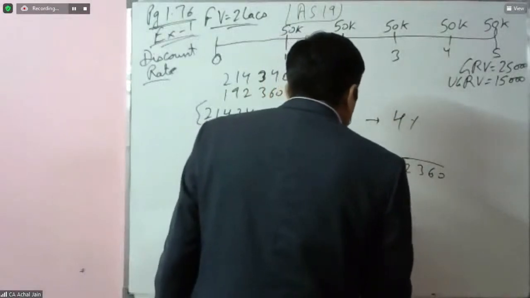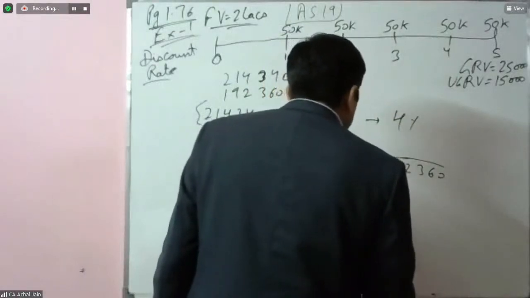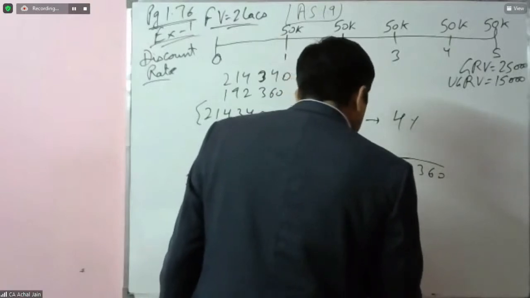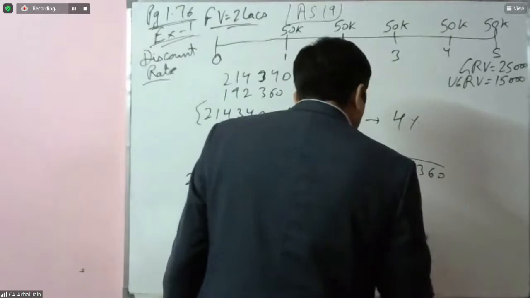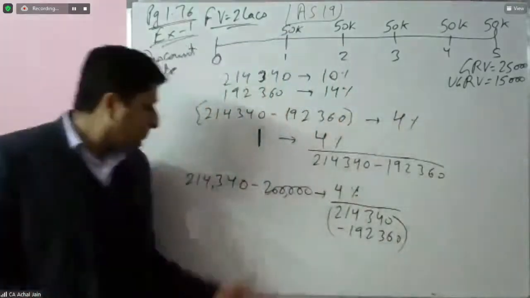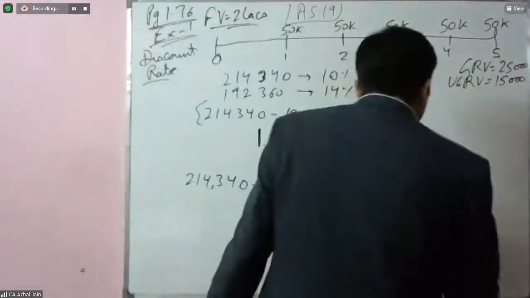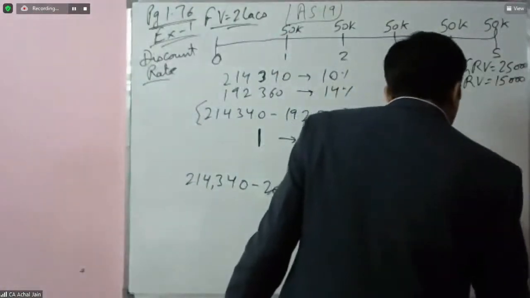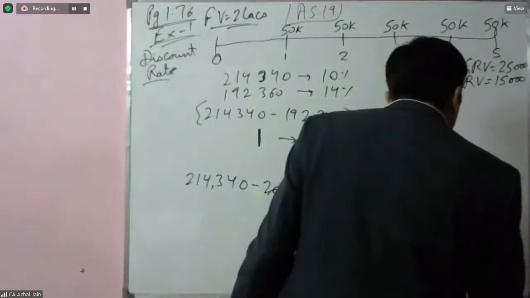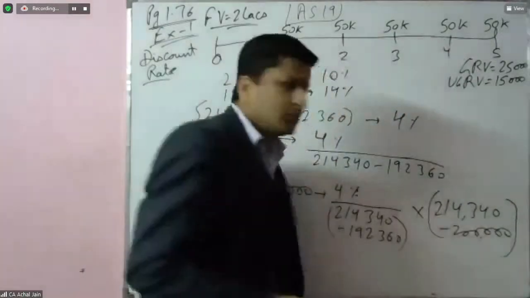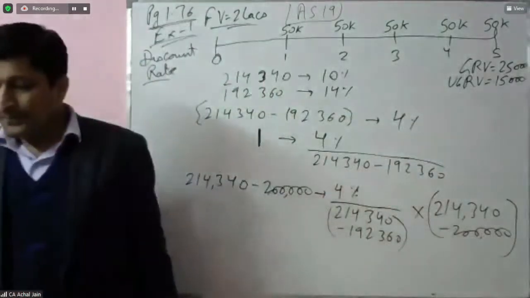This rate multiplied by this amount, 214,340 minus 2 lakh. Correct?